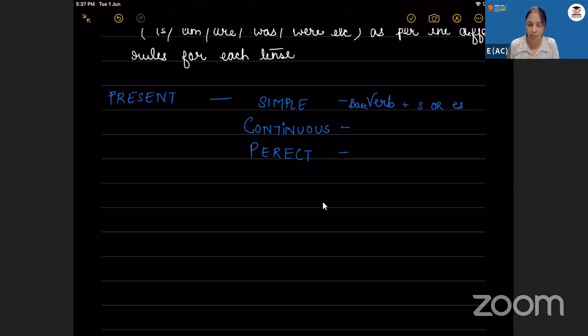For continuous, is, am, are plus V1, the base form of the verb plus ing. For perfect, it is has, have plus V3. These are the 3 subtenses of present tense to be converted into passive voice. Fine, we'll write one example for each.